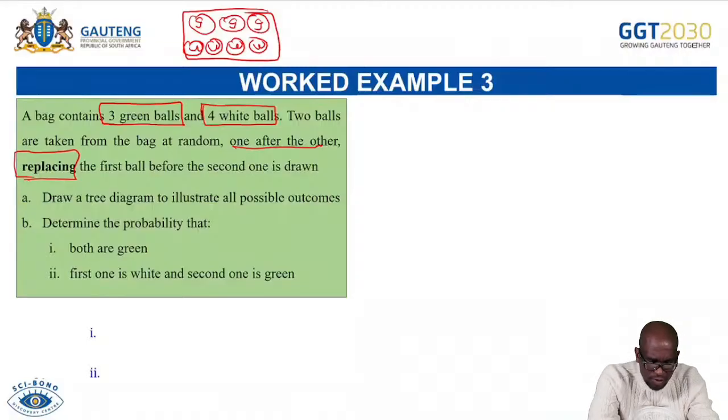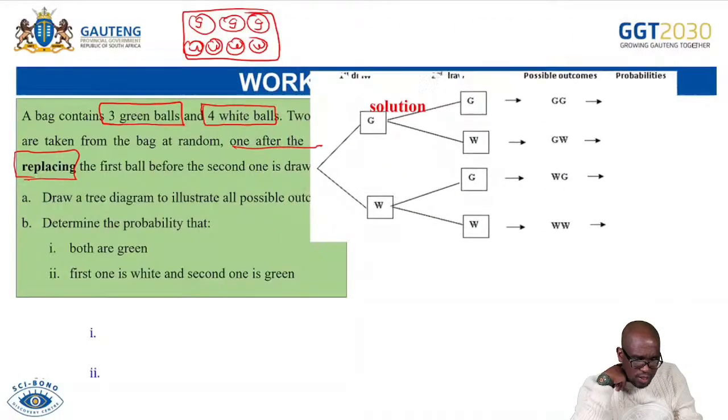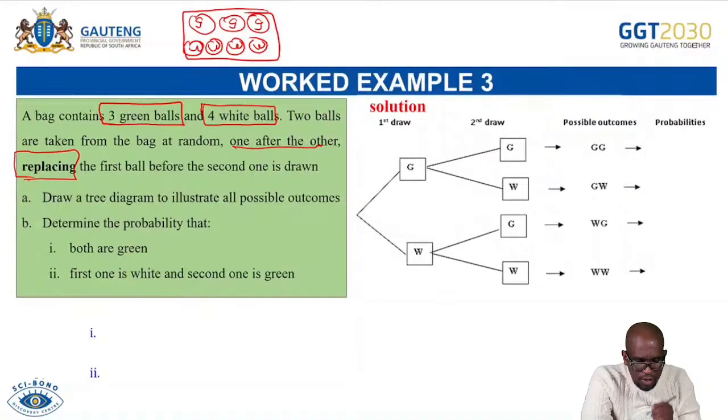Let's look at our tree diagram. We have 2 possible outcomes. It's either green or white. So we can have a branch for green and a branch for white. But we don't do it once, we do it twice. So for the second draw, if the first one was green, the second one may be green or white.